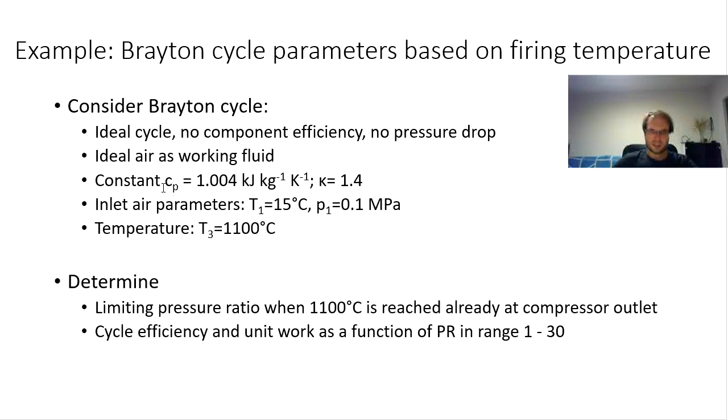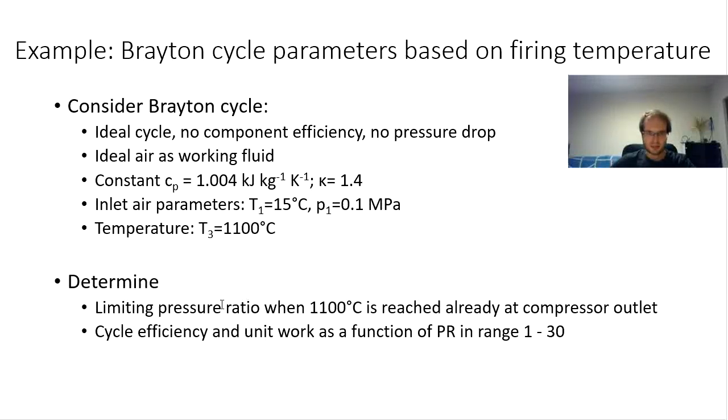The specific heat capacity will be constant. Then we will have the isentropic exponent, kappa, specified as 1.4, a typical value for diatomic gas. Inlet parameters at the compressor intake will be temperature 15 degrees C and pressure 0.1 megapascals. And firing temperature will be constant, T3, 1100 degrees C.